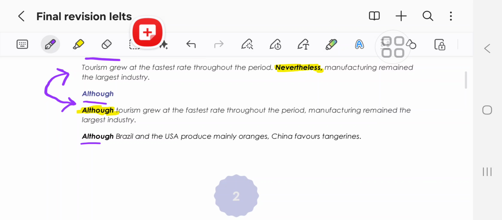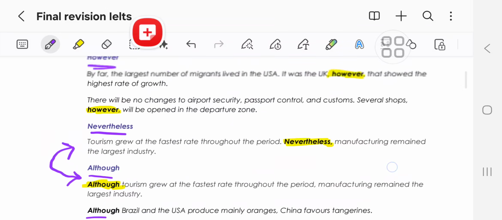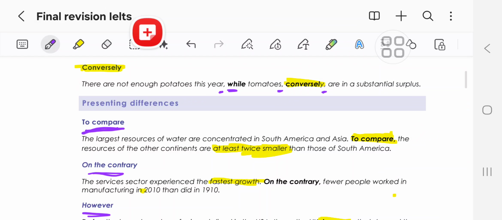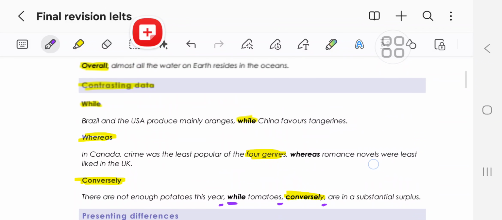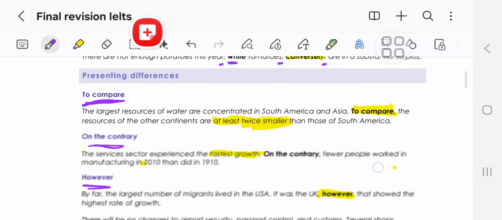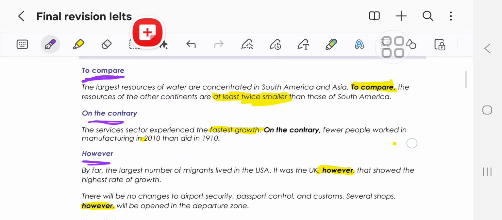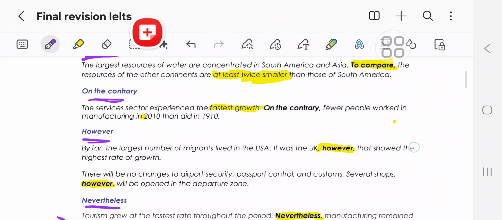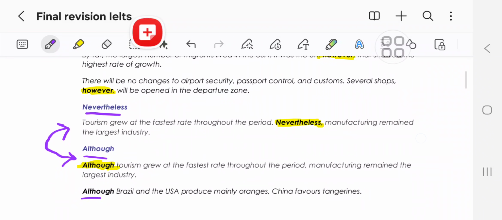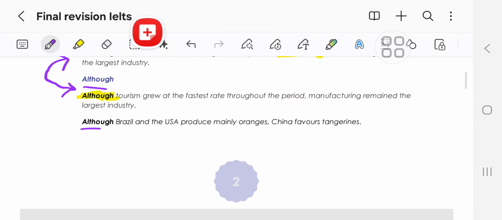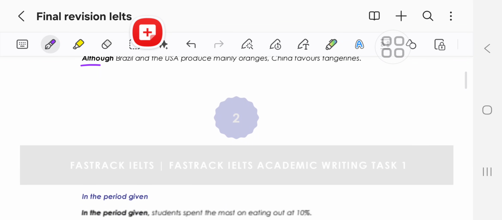Although Brazil and USA produce mainly oranges, China favors tangerines. It's a comma. It's not two different sentences, but with however, you have to use it for different sentences. Okay, that's how you can do it.